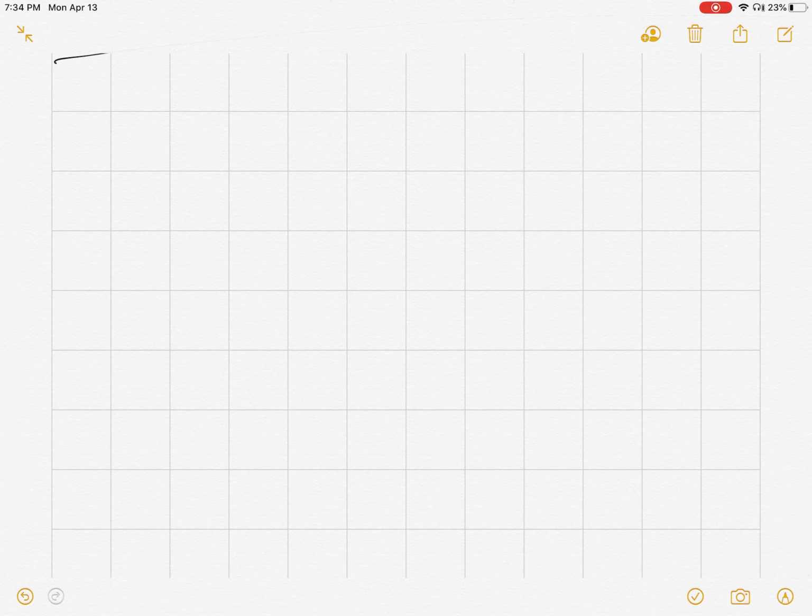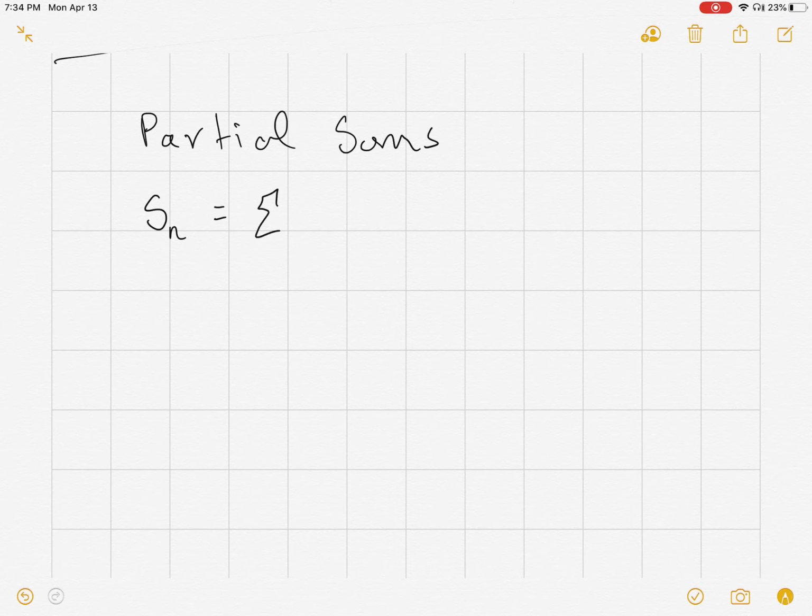So the last thing that I want to talk about is what we call partial sums. These are going to be written as S sub n, and it's going to be equal to, and this is some new notation that I'm adding, our summation symbol. This is the Greek sigma, and it basically means add some stuff together.